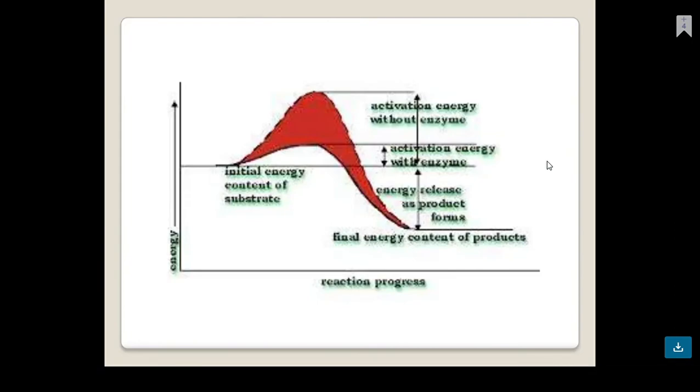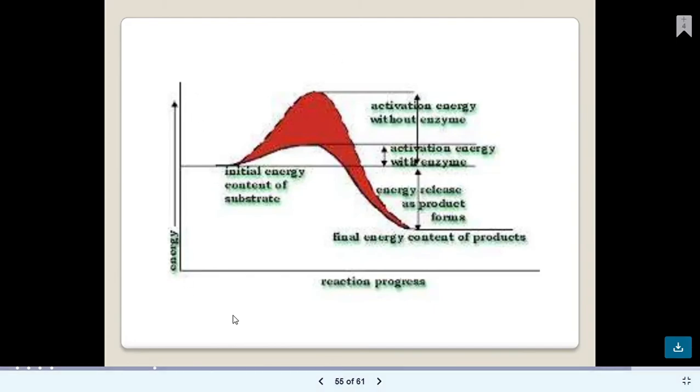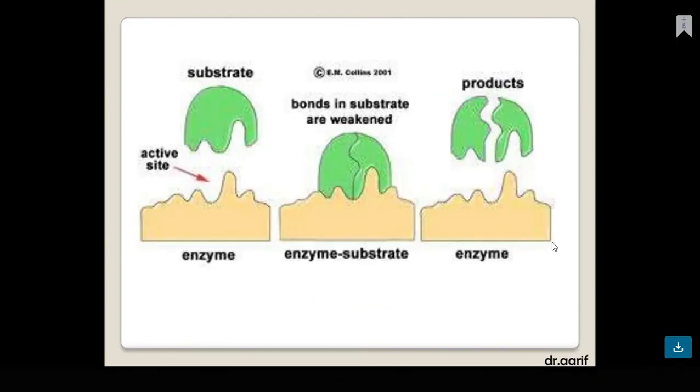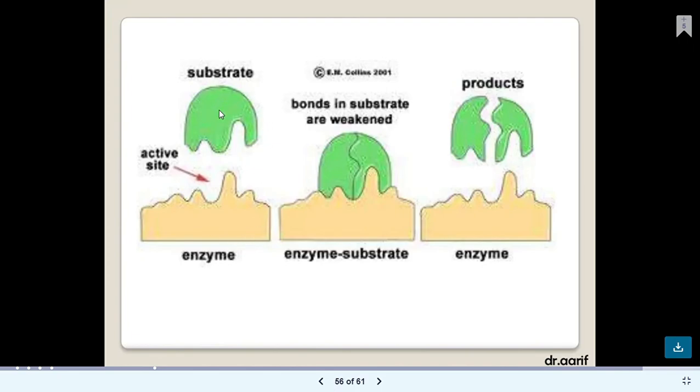This is the enzyme reaction. You don't have to go through that. But for energy against reaction progress, you can see the graph goes like this. This is the enzyme, the active site. This is the substrate.